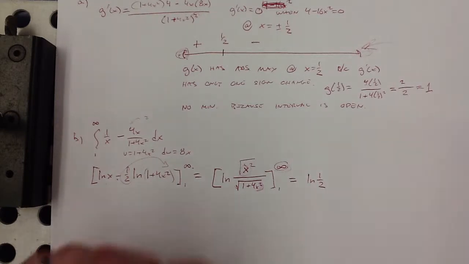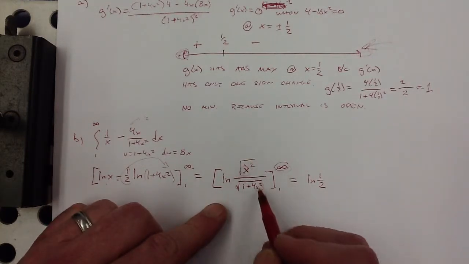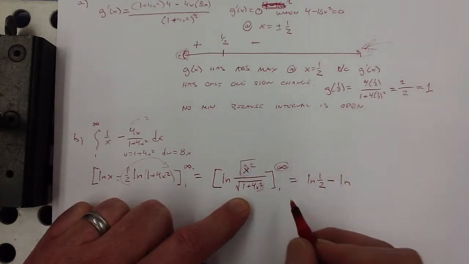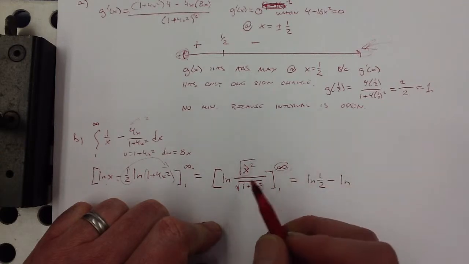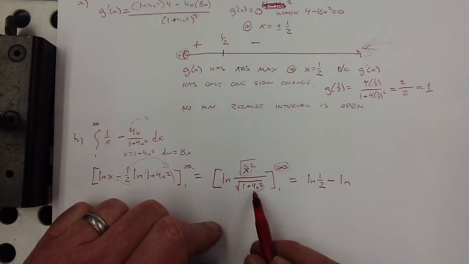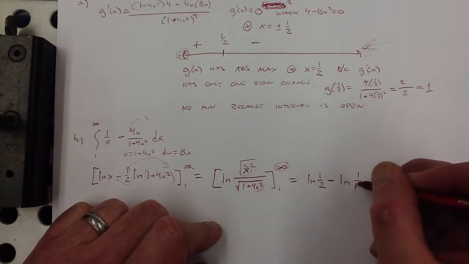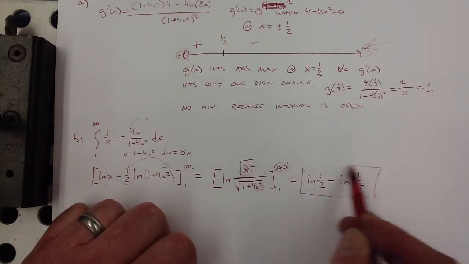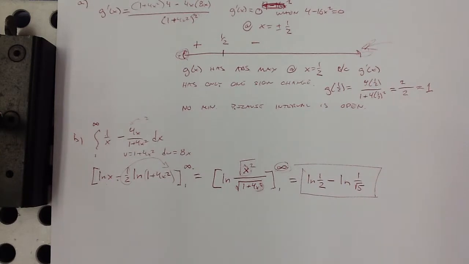It's the same as a limit. And that's same power top and bottom, minus the natural log of, when I plug 1 in here, that's 1 over the square root of 5. And that's equivalent to the answer that they give, although it's not exactly the same. I'll let you check and see if you can see how it is the same.